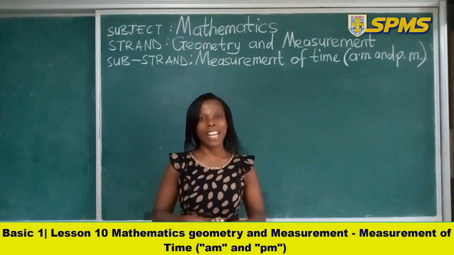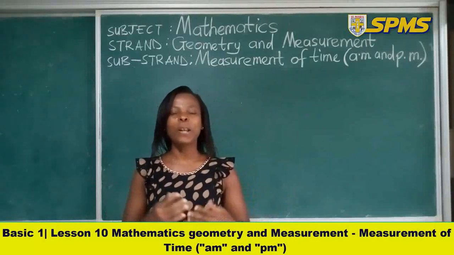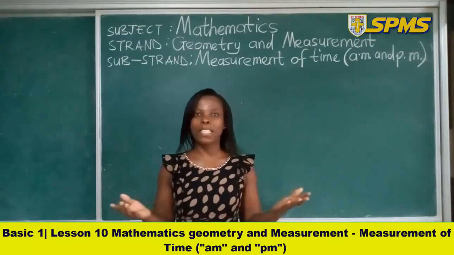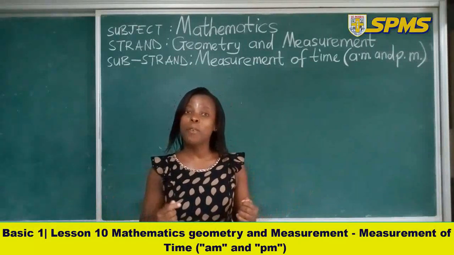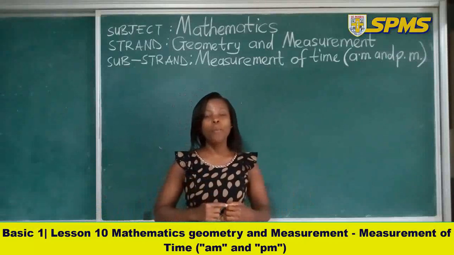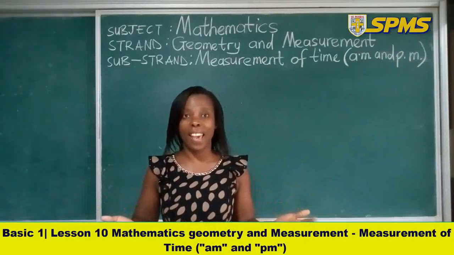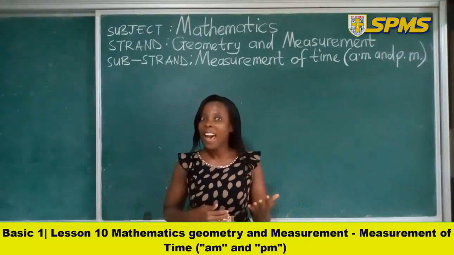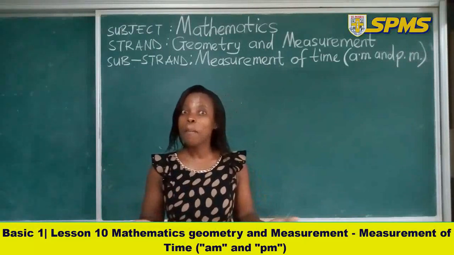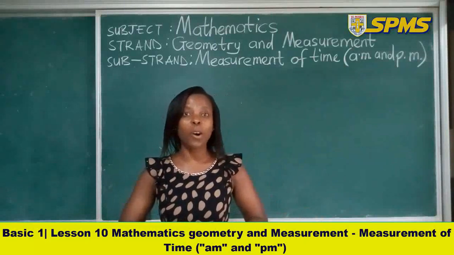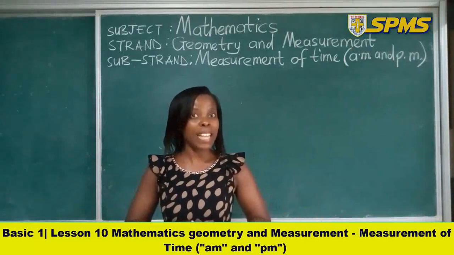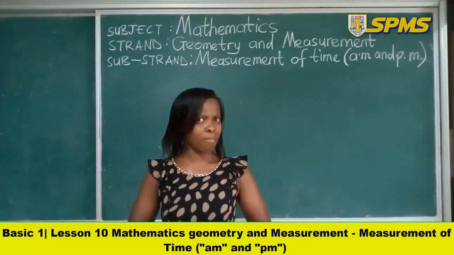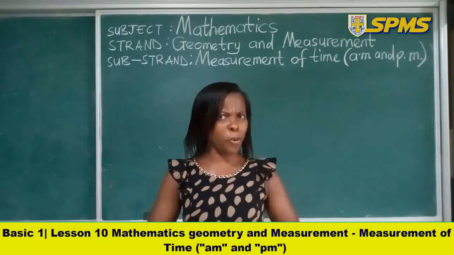In our previous lesson, we talked a lot about the time. What did we say about time? We said it is the period or the interval in which something occurred. We were able to tell the time by hour and by minute. For example, if you see the hour hand on 4 and the minute hand points at 12, what will be the time? 4 o'clock, very good.